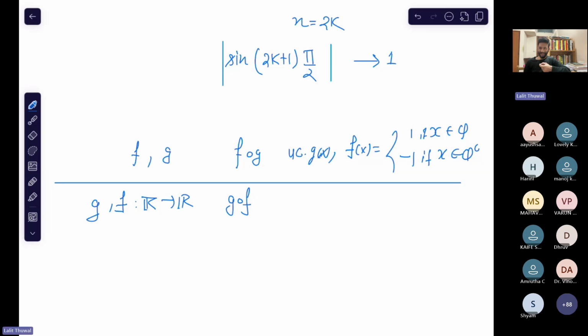Is the composition of uniformly continuous functions uniformly continuous? Yes or no? What do you think? Try to guess it.